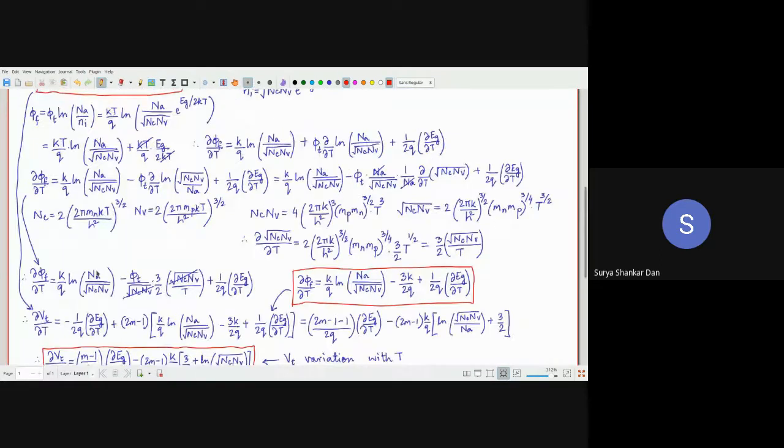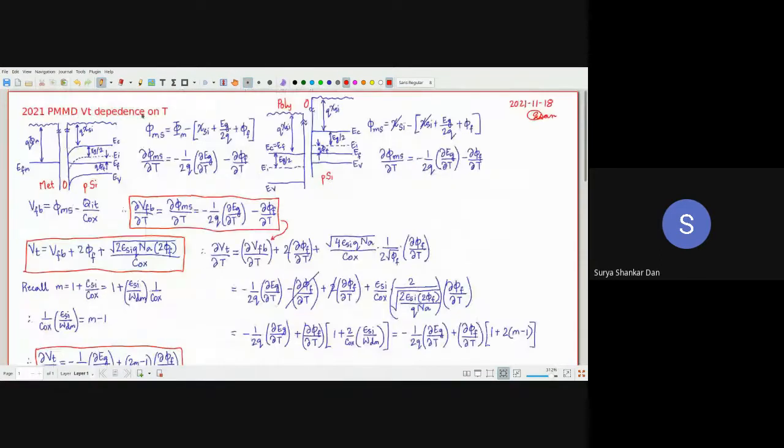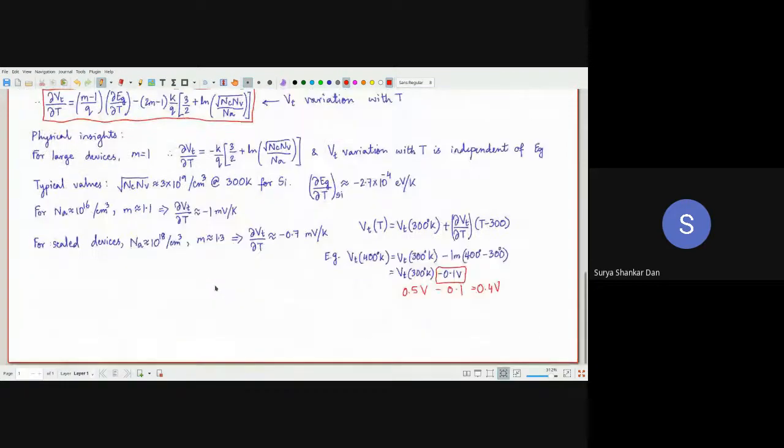So I could have simply changed the title from VT dependence to VT reduction due to temperature. That's also a perfectly valid title for today's lecture. What can happen because of VT reduction? I want answers. Region changes, like subthreshold region and linear region will shift. So direction of operation.